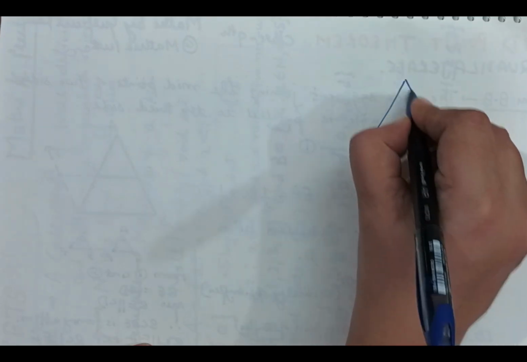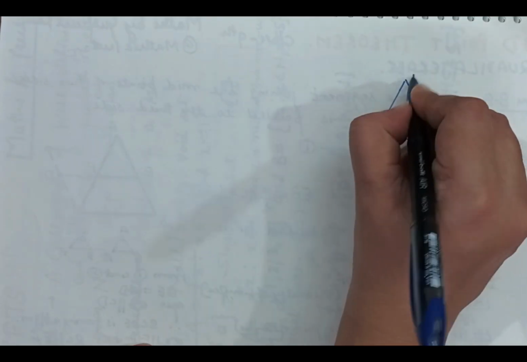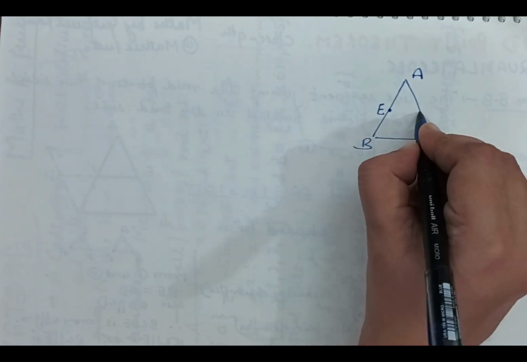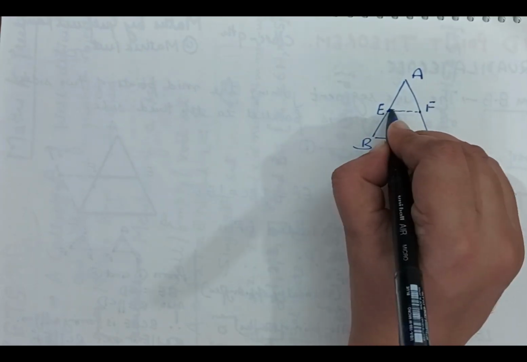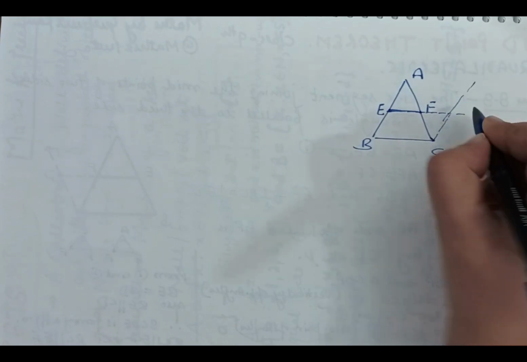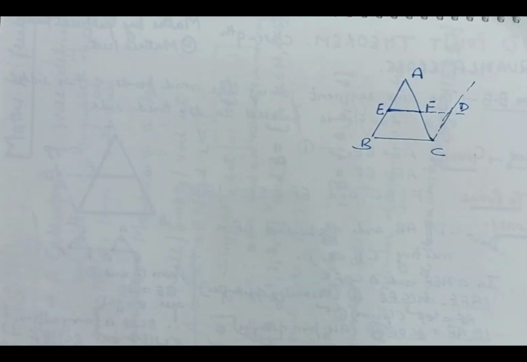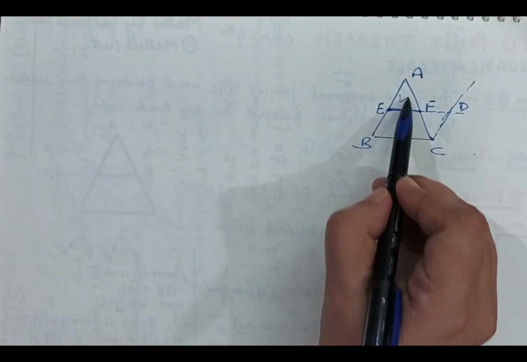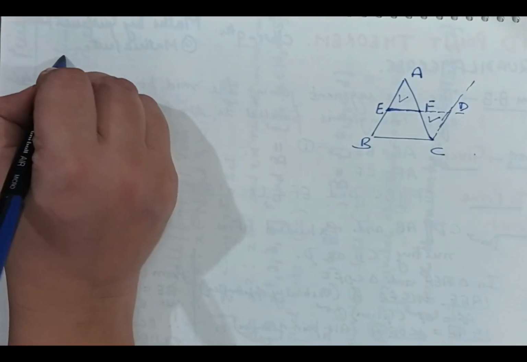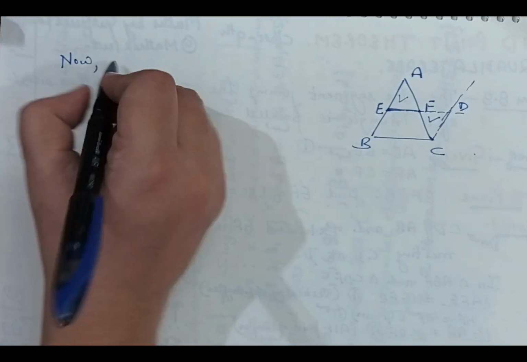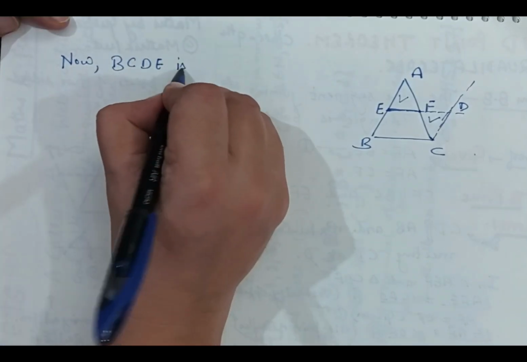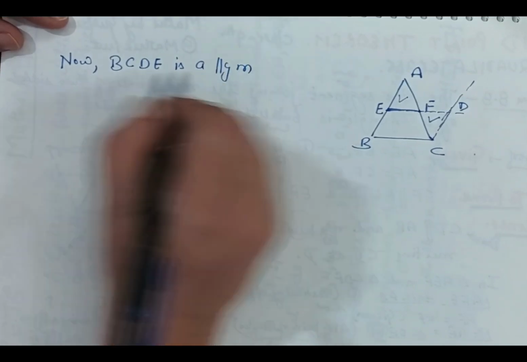Let's prove the next thing. So this was the triangle ABC. This is E, this is F. This extended EF is meeting this line at point D. This was the diagram. These two triangles we have proved congruent. Now, when this is forming a parallelogram, we will write BCDE is a parallelogram.